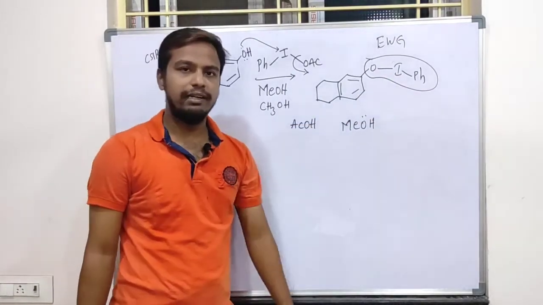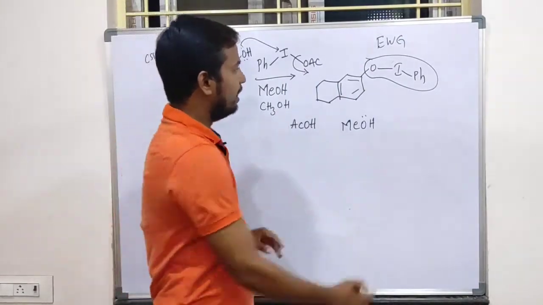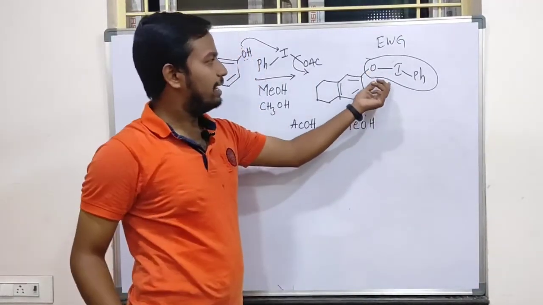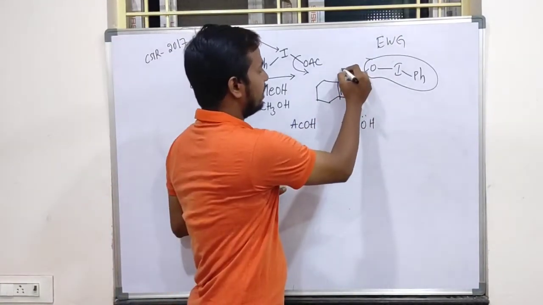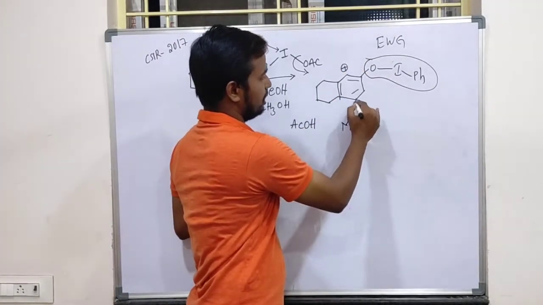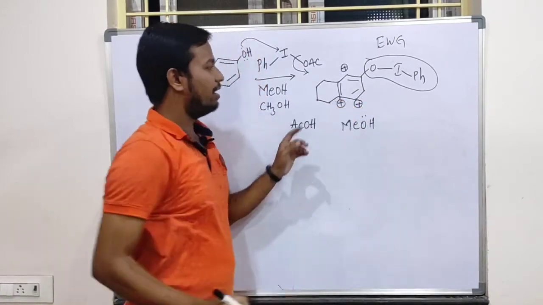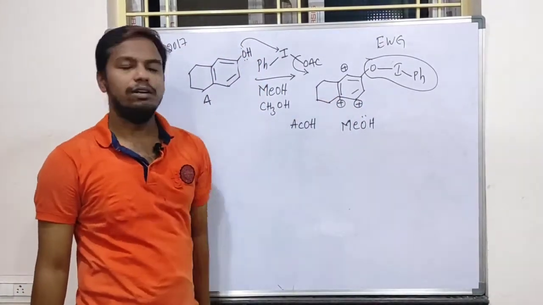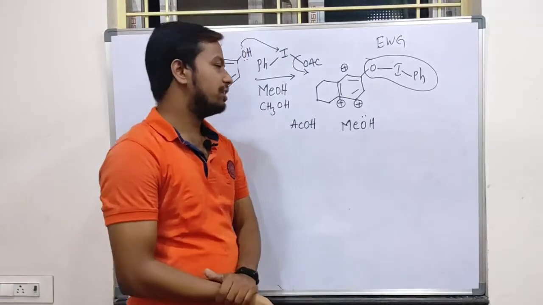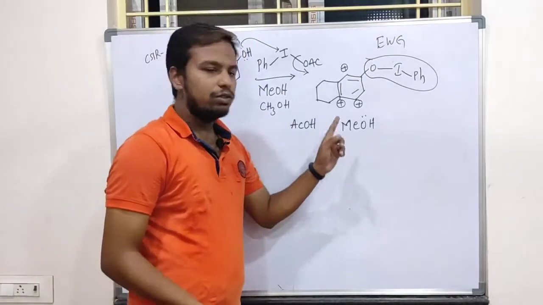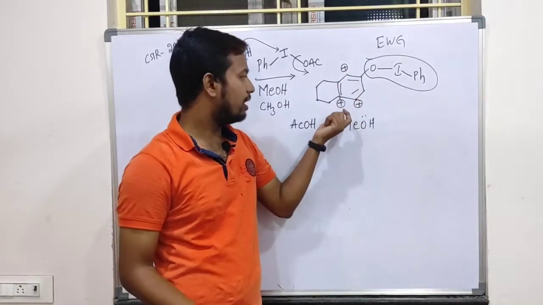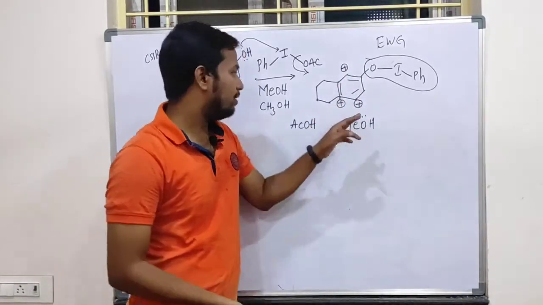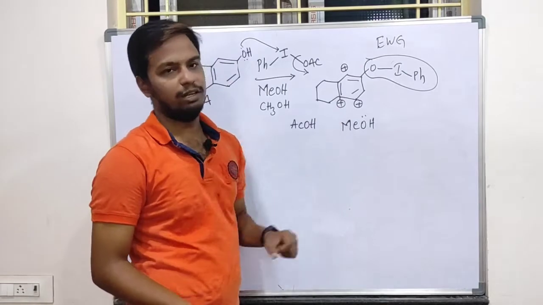So the whole group will act as an electron withdrawing group, therefore it becomes a meta directing group. So here we will get positive charge where the ortho and para positions are electron deficient. So this methanol has the chance to attack at the ortho position or at the para position, but it will selectively attack at this position, that is the para position.